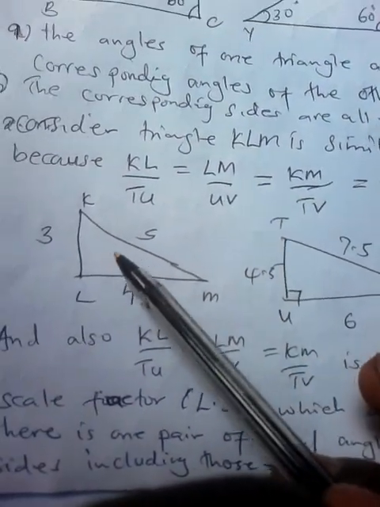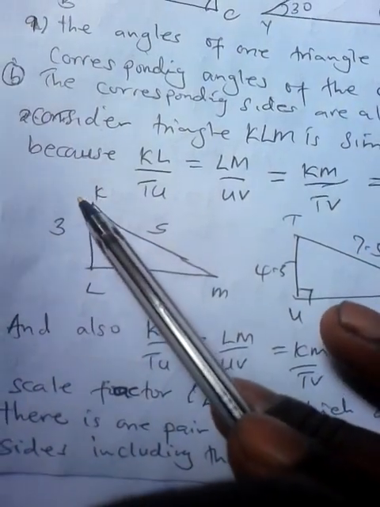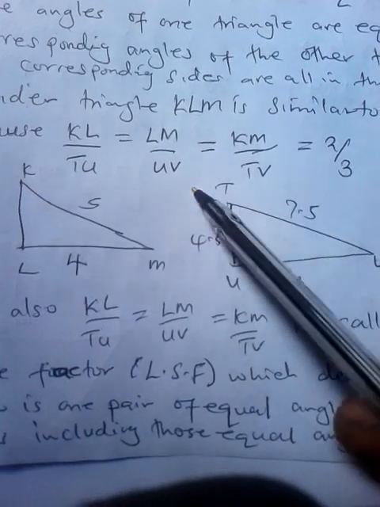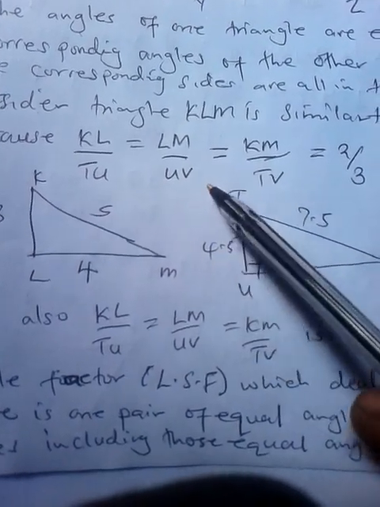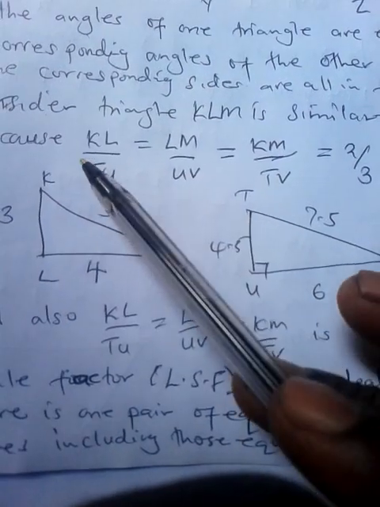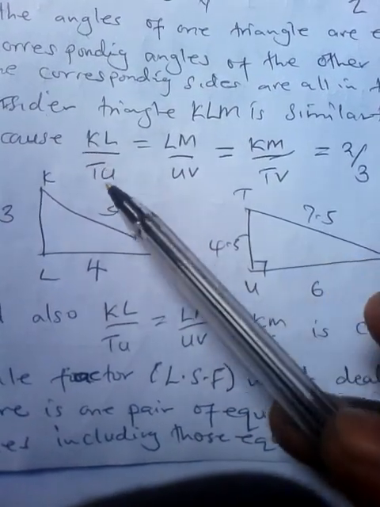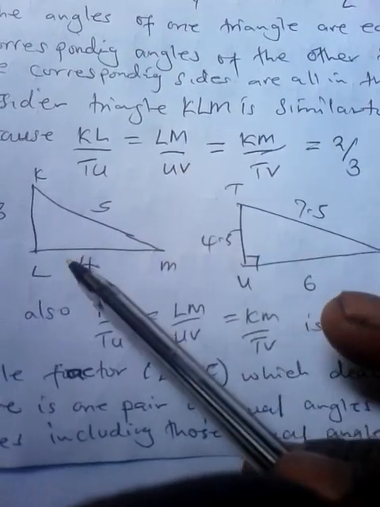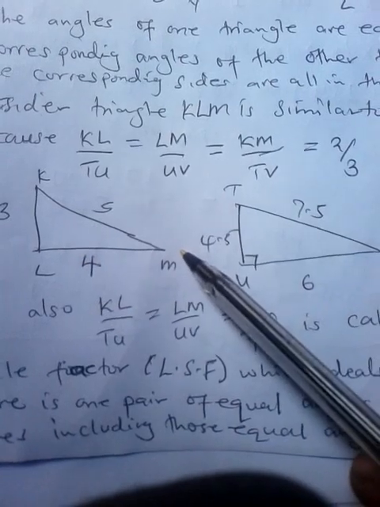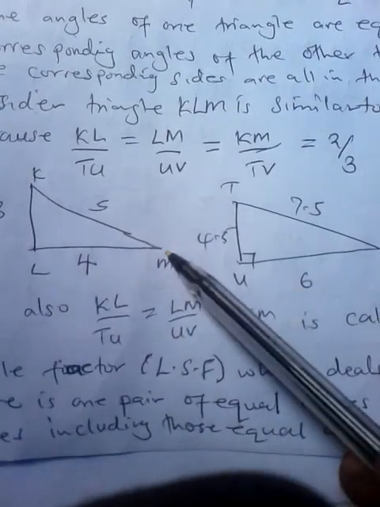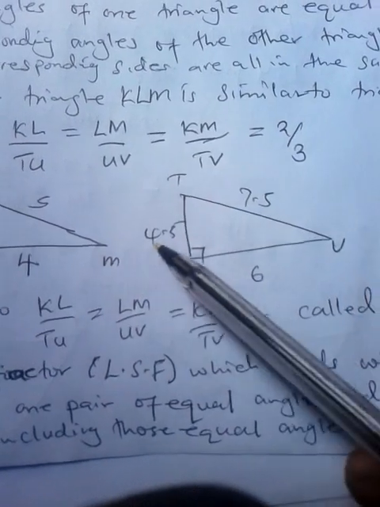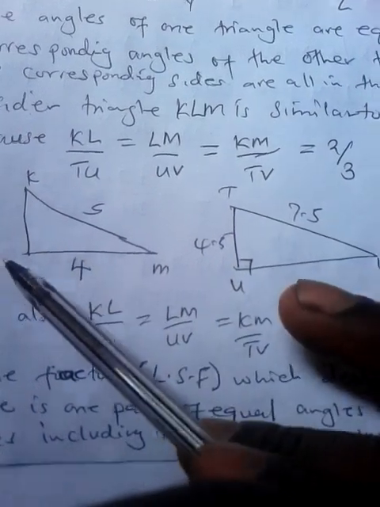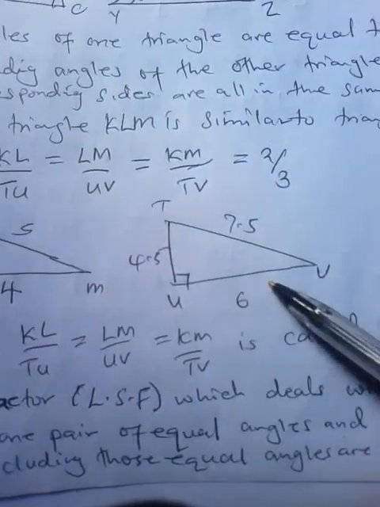If you get the side KL from the first triangle, which is 3, and divide by the side TU, which is 4.5, the answer shall be equal to the side LM divided by the side UV of the second triangle. So we have LM as 4 divided by UV as 6.